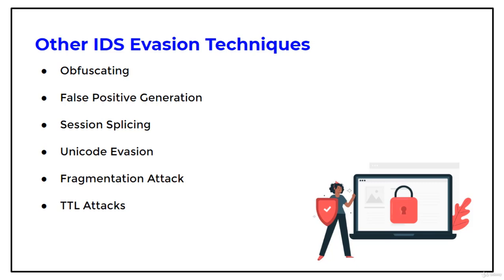Attackers can encode attack patterns in Unicode to bypass the IDS filters but be understood by an IIS web server. Attacks on encrypted protocols such as HTTPS are often obfuscated if the attack is encrypted. Next is false positive generation.